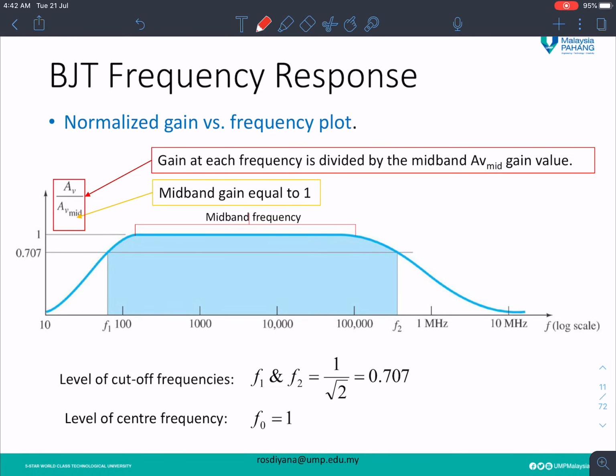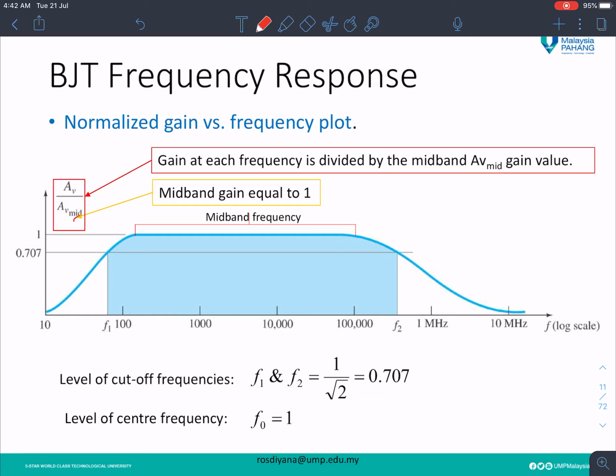This is a normalized gain versus frequency plot. The AV, the gain at each frequency, is divided by the midband gain AV mid, so the midband gain is equal to 1.